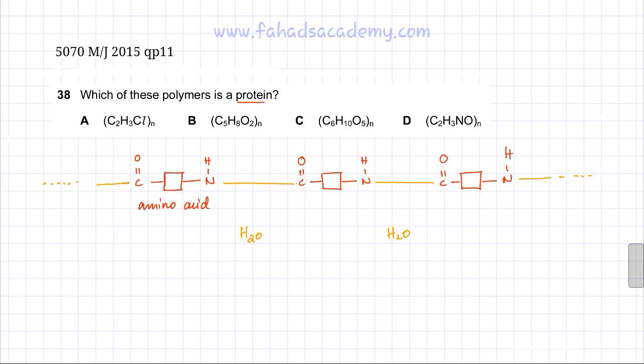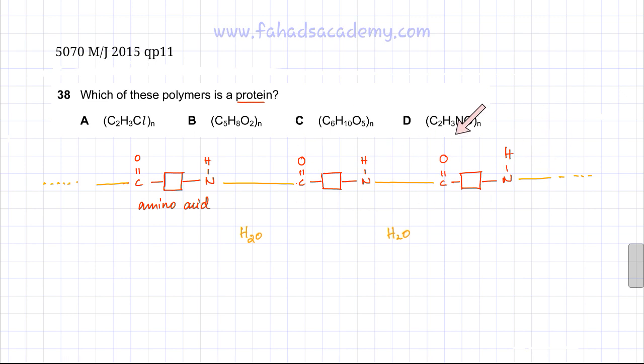Now what you need to know is that he's given you 4 options: A, B, C and D. Remember, a protein has the same groups repeating over and over again. So it's going to form a very long chain where the same group is repeating.